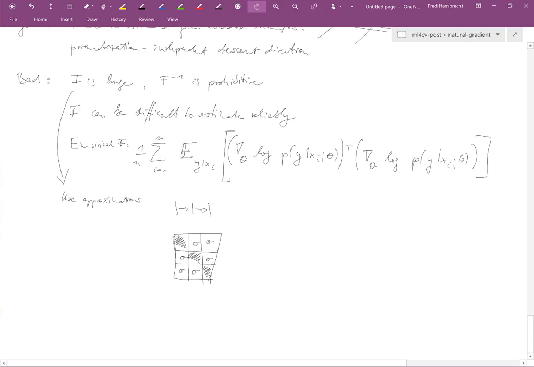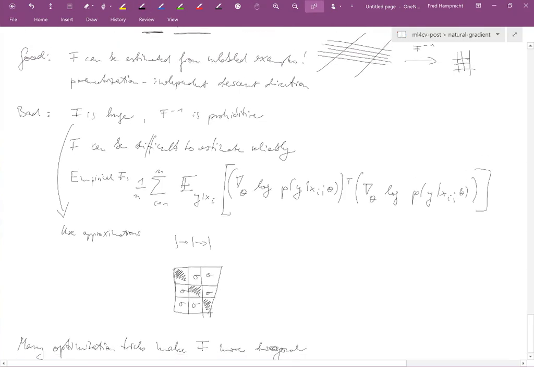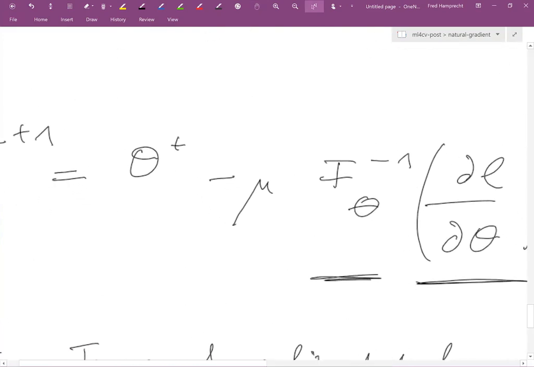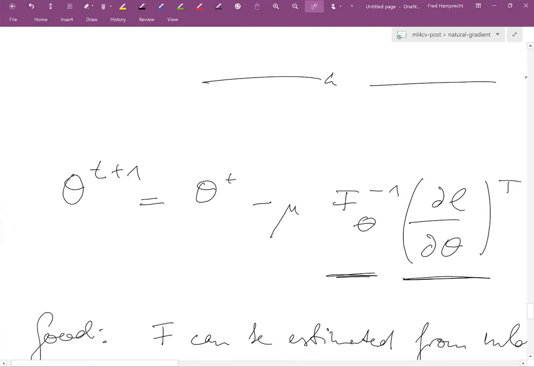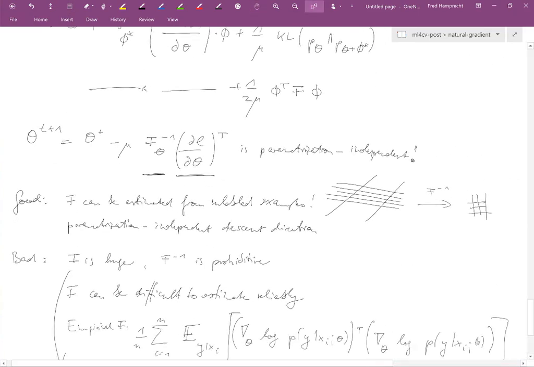So many optimization tricks make F more diagonal. And with F being more diagonal, the consequence is that then just using the gradient direction will be less bad, yeah? Because F minus 1 will then have less of an interesting structure. Good.